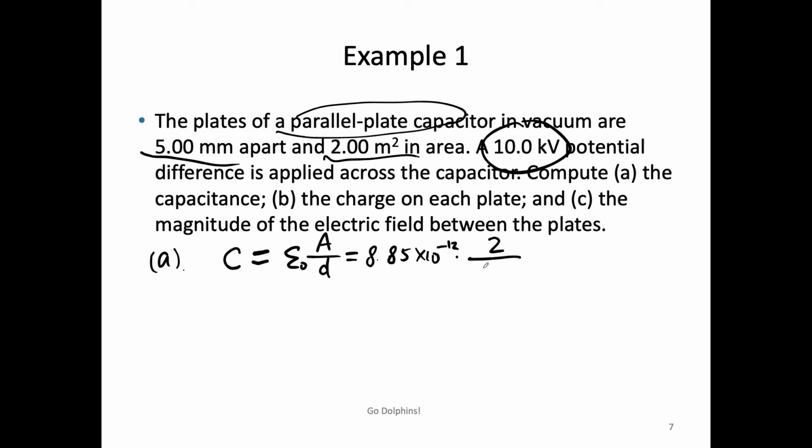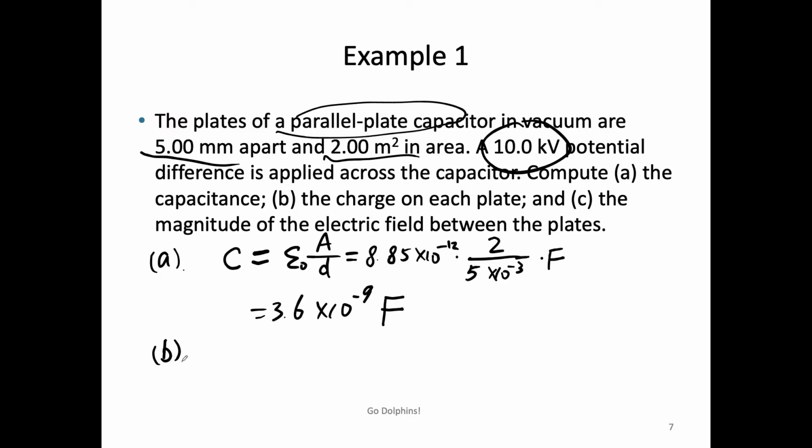Area 2 square meters, separation 5 millimeters, which is 5 times 10 to the negative 3 meter. So it's 3.6 times 10 to the negative 9 farad. This is the capacitance of this parallel plate capacitor.